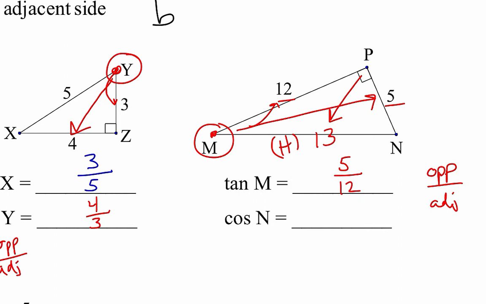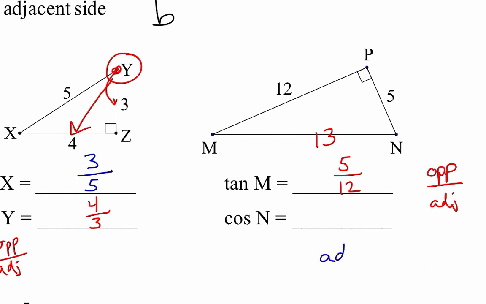So when it asks me for the cosine of n, let's clean this up a little bit. We've changed which angle we're looking at, but cosine is just a definition. Cosine is the adjacent side over the hypotenuse. Well, it depends on the angle. If we're looking at n, the adjacent side to n is now 5, and the hypotenuse we said was 13.